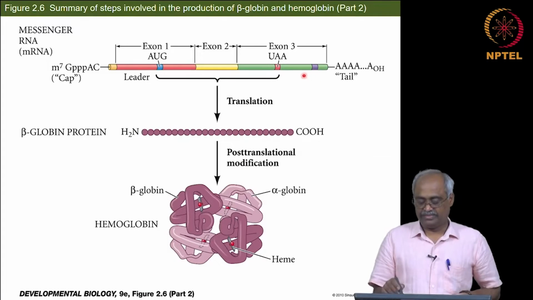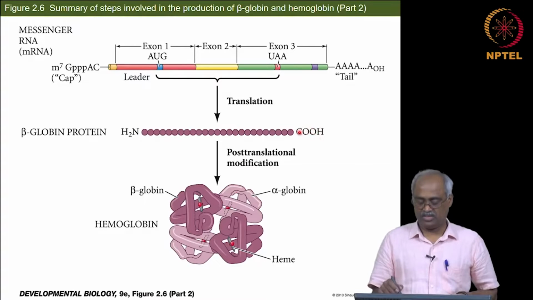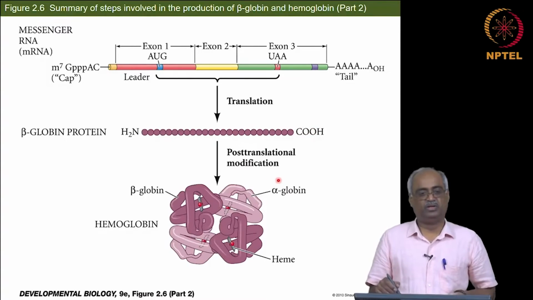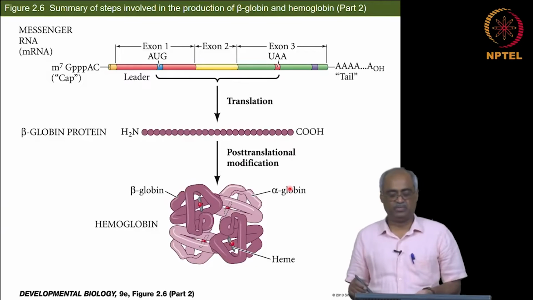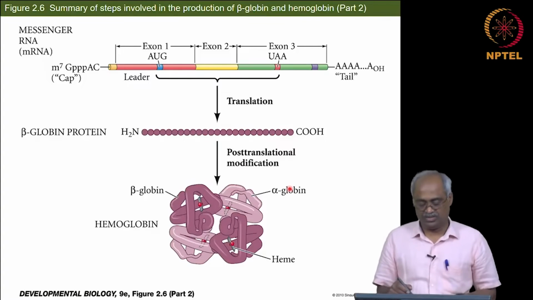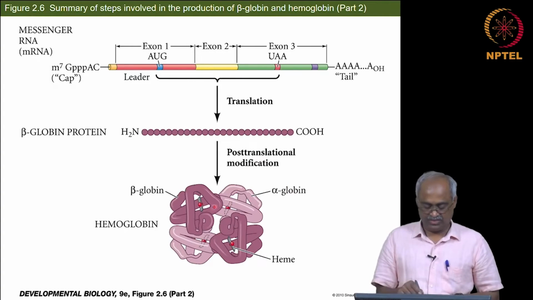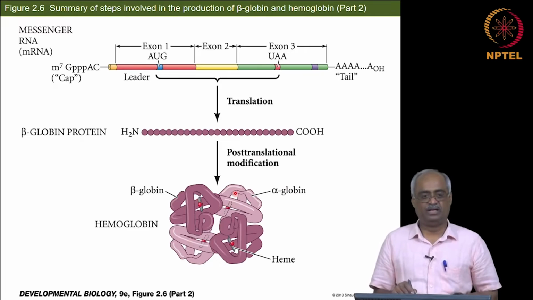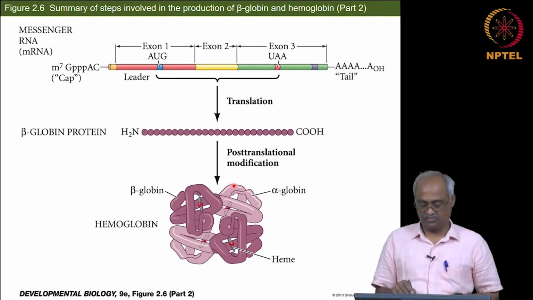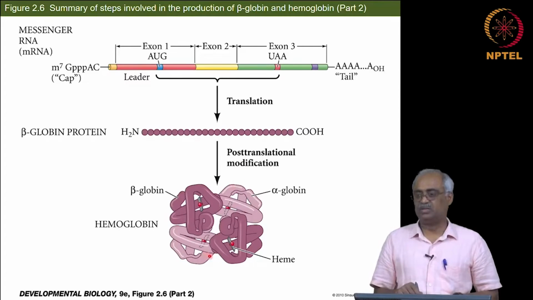So this comes into the cytoplasm where it gets translated, then you have the protein chain and then that has to undergo two things, one proper folding to the native conformation and also post translational modification. So here for example this prosthetic group gets added, subunits of, this is a 4 subunit protein, it is a heterodimer.